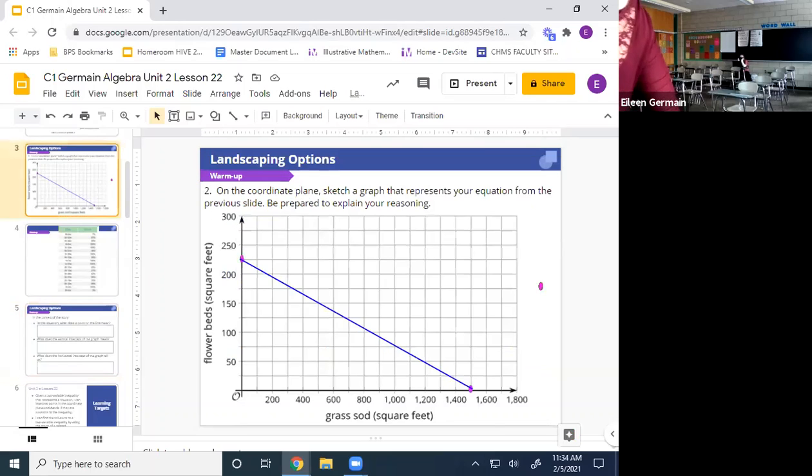If we look back at that graph we created of the situation in the equation by calculating our intercepts: when you're given a standard form equation, you have the flexibility of either converting it to y equals or calculating your intercepts. In some cases it's going to be easier to convert it to y equals, and in some cases it's easier to calculate your intercepts. You need to be flexible in your math thinking and make a decision based on the story. In this story, I said we should do intercepts because we have small numbers and they went nicely into those values.